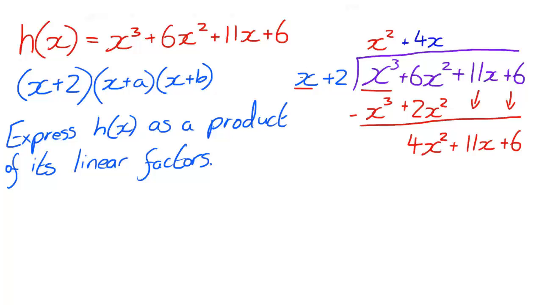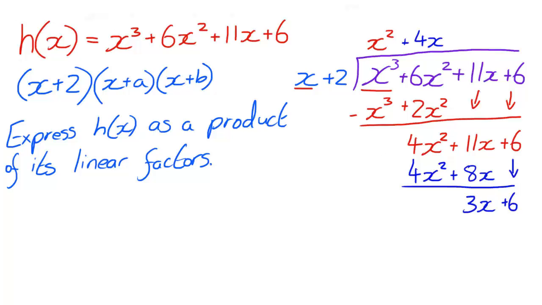So plus 4x times x is 4x squared, and then plus 4x times 2 is going to be plus 8x. Then we draw a line just like before, and we do this times this, take away this is going to be 0, I don't have to write that in there, and then we have 11x take away 8x, which is going to be 3x, and the 6 drops down to there.